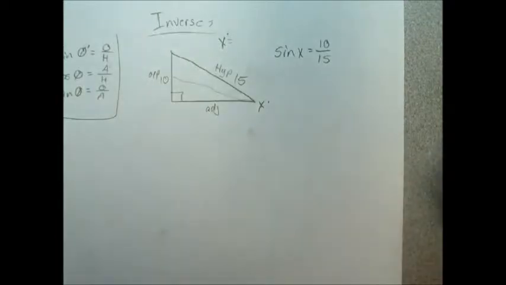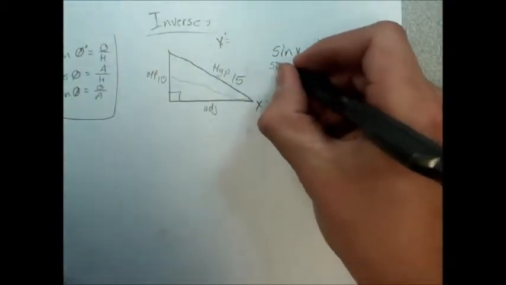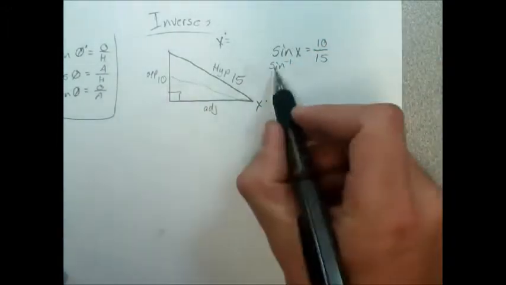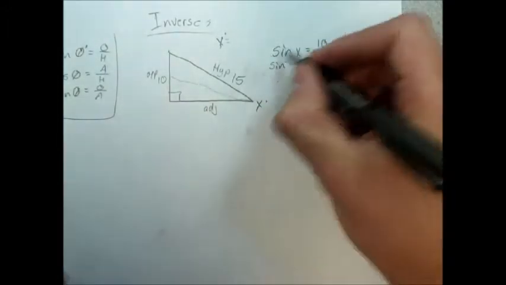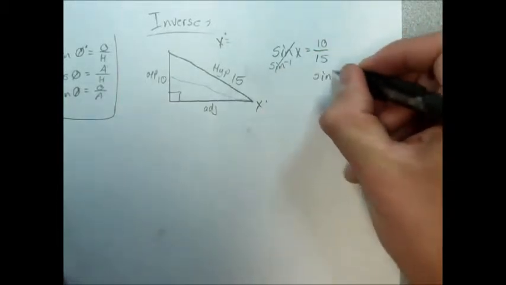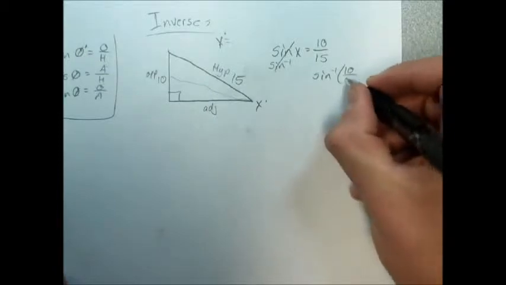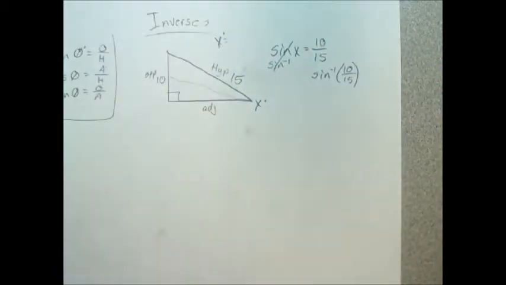So when I say what is the inverse of sine, you're going to tell me sine inverse, which on your calculator looks like sine to the negative 1. So that cancels out that sine. But what we do to one side, we must do to the other. So we get sine to the negative 1 of 10/15.